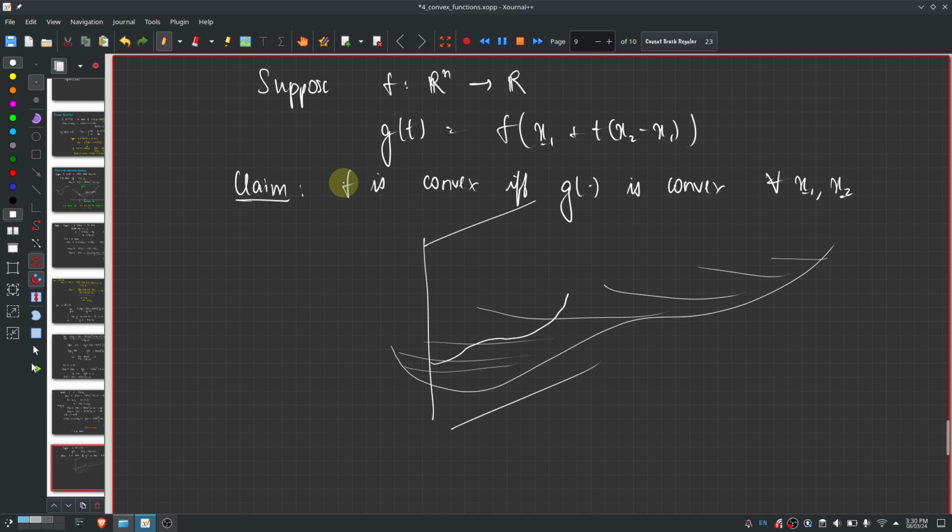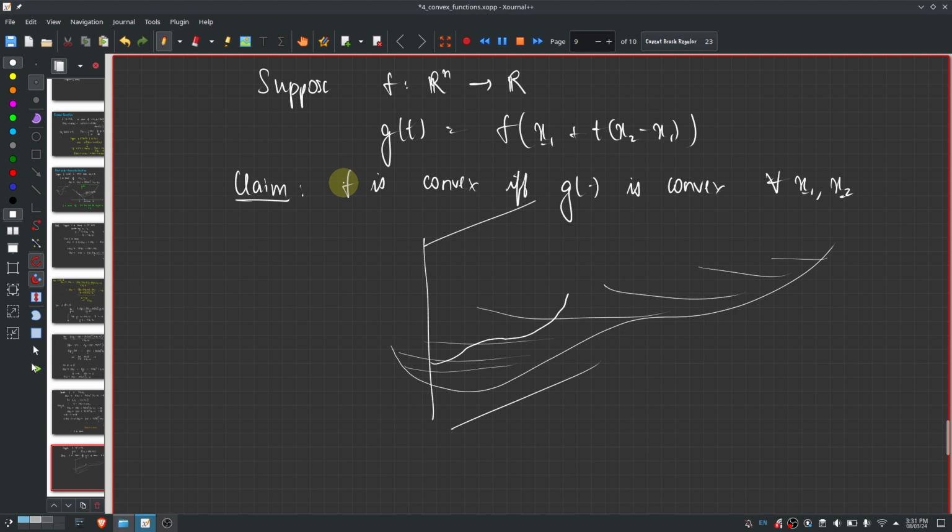Okay. So you always consider a plane that is perpendicular to the horizontal plane, right? You take any vertical plane. Suppose your function looks something like this. This is your surface. You take a vertical plane in any direction and you cut through it.